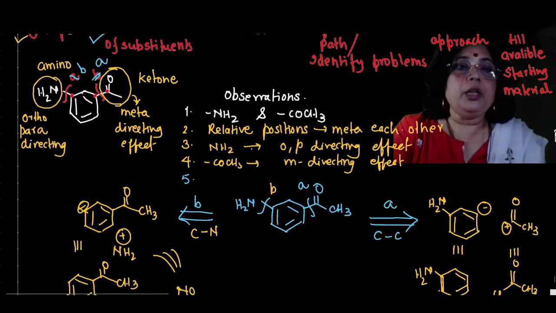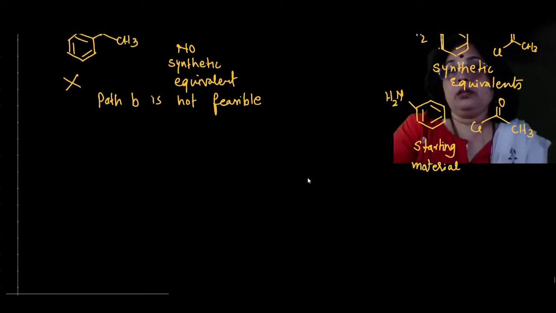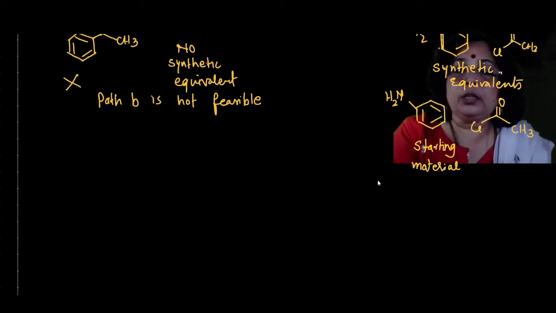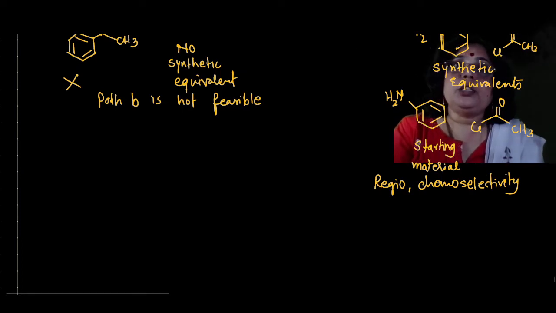We should substitute COCH3 at the meta position. Just observe the starting material. Here we have to observe whether all the conditions, that is the regioselectivity and the chemoselectivity, are fulfilled or not.